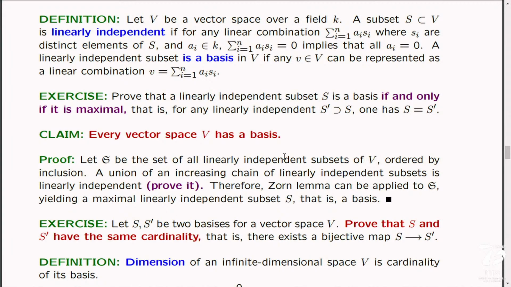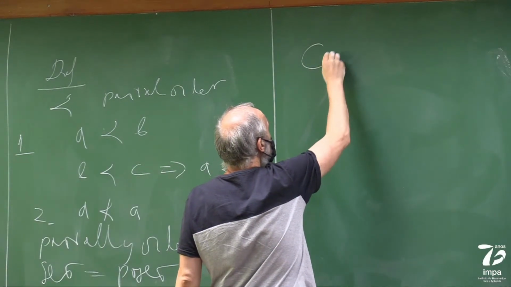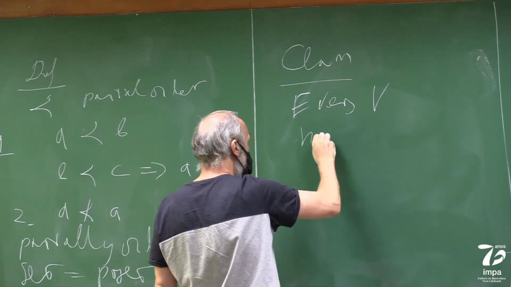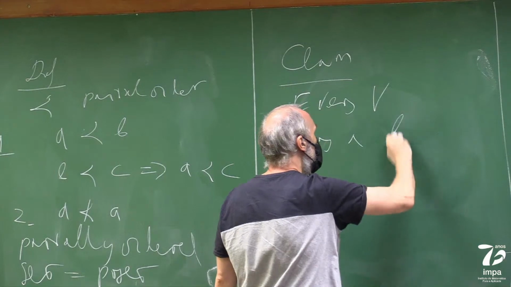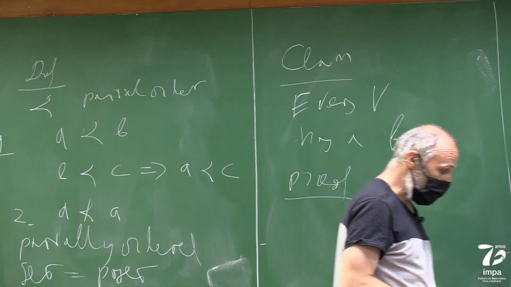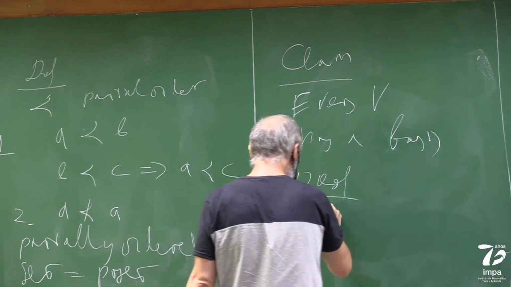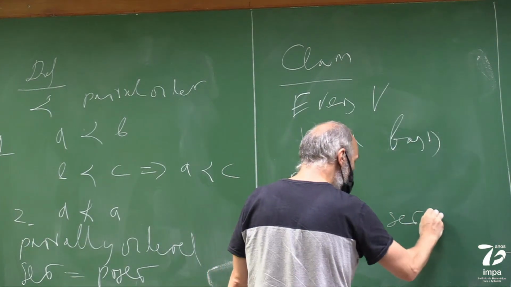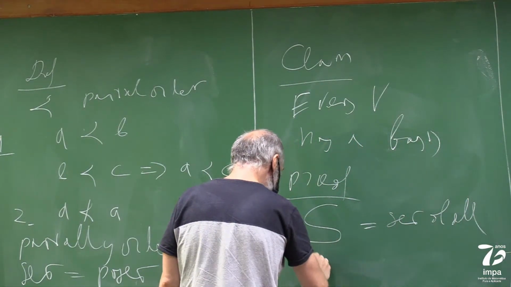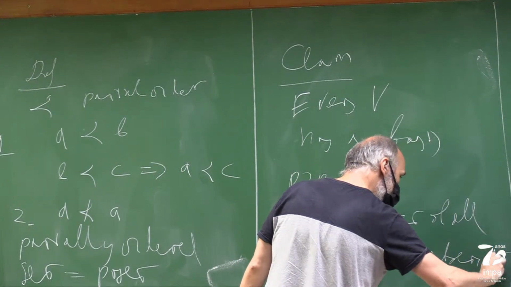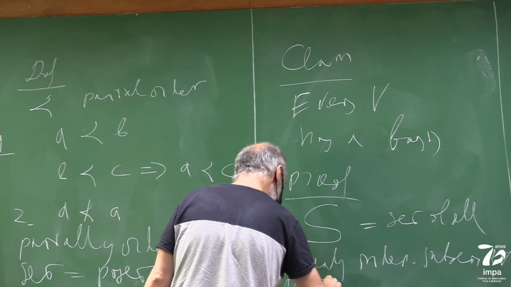Now let's prove the existence of a basis. This is one of the applications of Zorn's lemma. And the proof: you apply Zorn's lemma to the following partially ordered set. You consider the set S of all linearly independent subsets of V, ordered by inclusion.